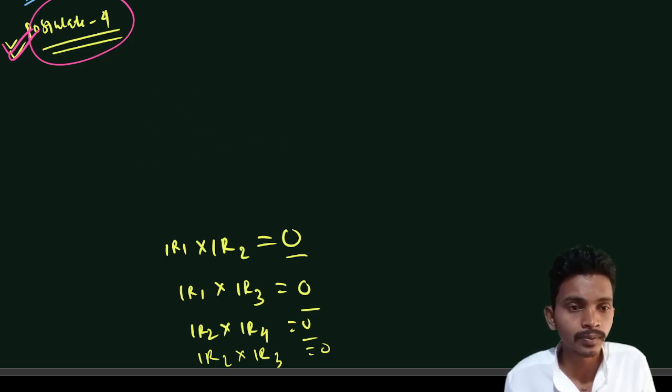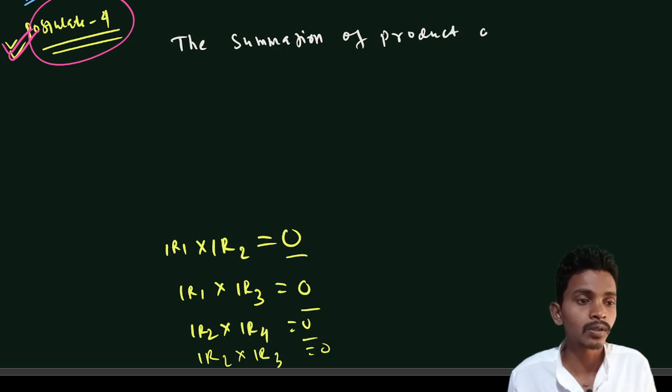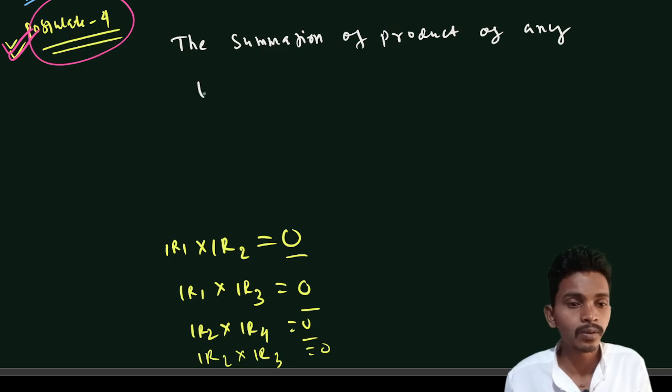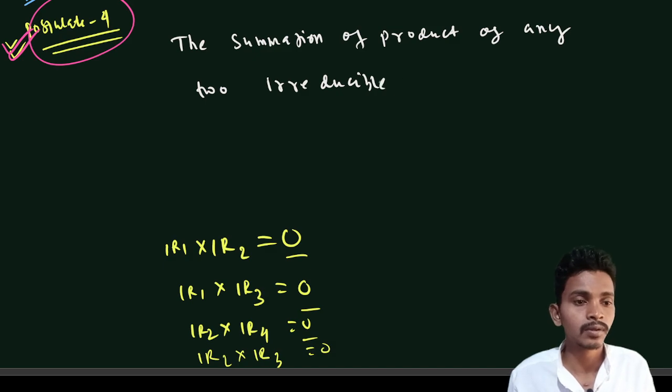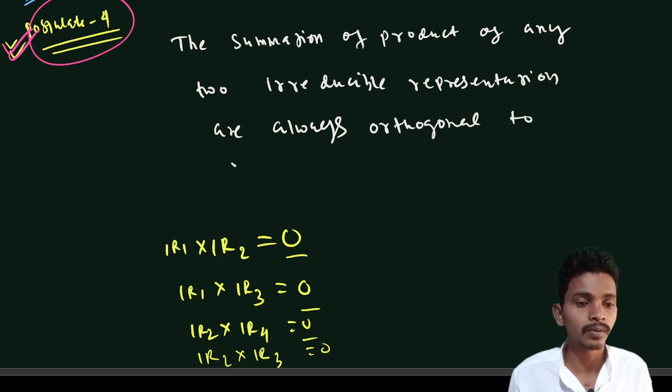This postulate says that the summation of the product of any two irreducible representations is always orthogonal to each other.